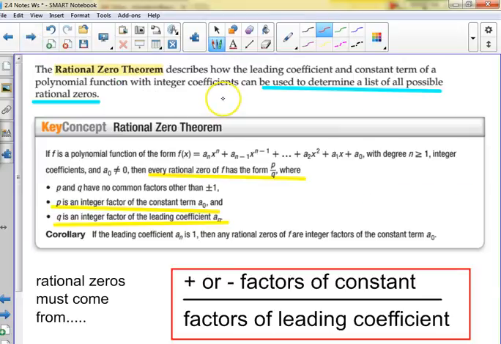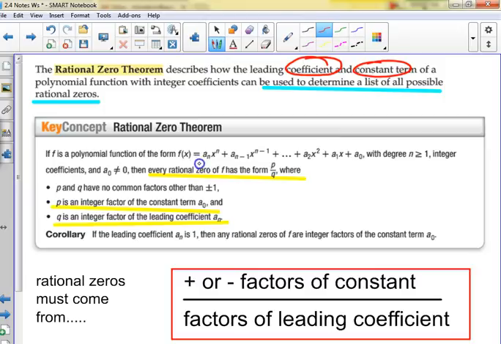Okay, the rational zero theorem. This is an easy concept, but students forget one little thing, okay? It says you can describe how the leading coefficient and the constant can be used to generate a list of all possible rational zeros.